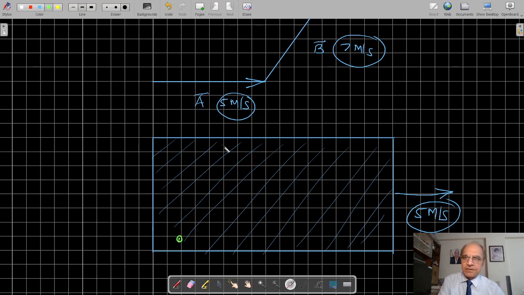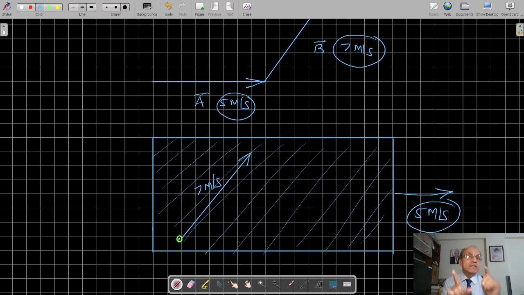Now, if we ask the person to start moving in this direction, okay, in which direction? We ask the person, you also start moving in this direction with a velocity of, say, 7 meter per second. So now two velocities are acting on that person. One is the velocity of the platform, because the platform is moving, therefore the person is also moving in the same direction with 5 meter per second.